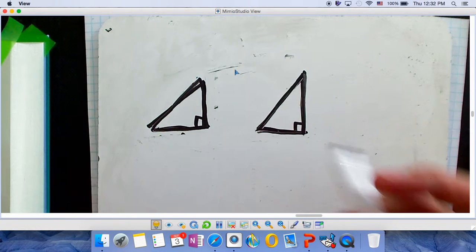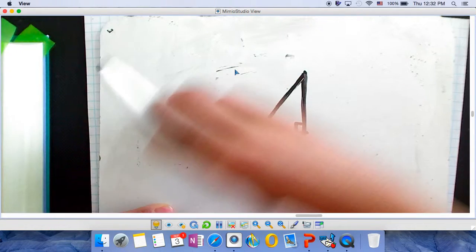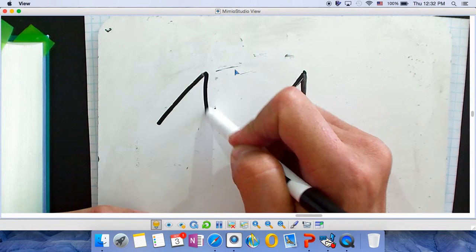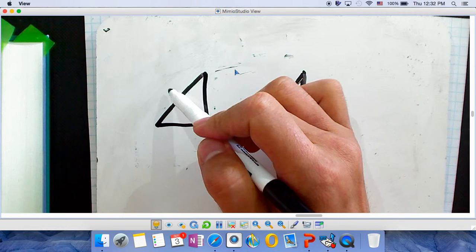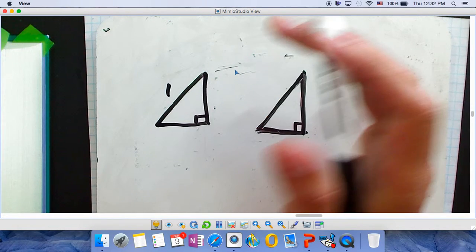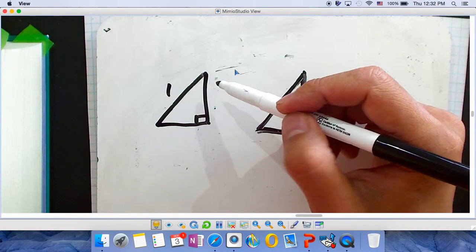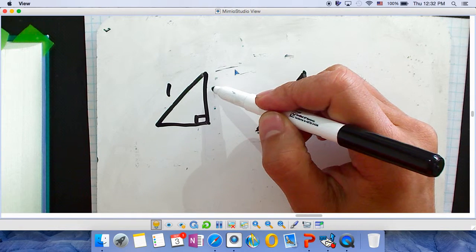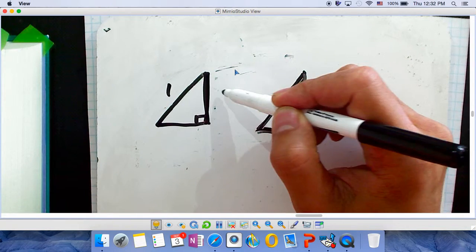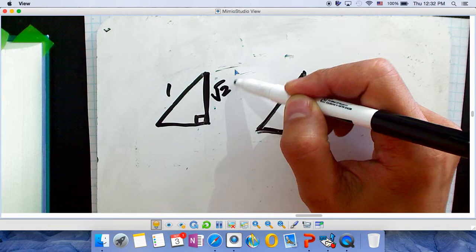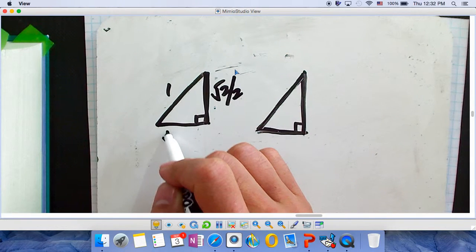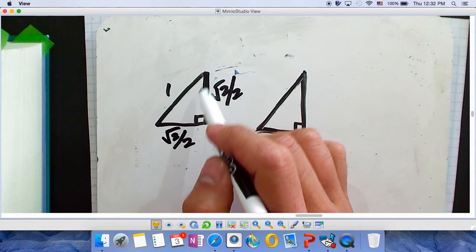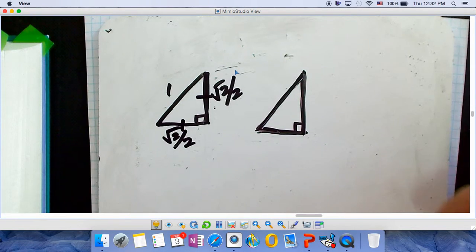So what is the rise and run? What's the length of the sides of this triangle? We know the radius is 1 because we are talking about the unit circle. By using the Pythagorean theorem, the rise of one leg is square root of 2 over 2, and the other one will also be square root of 2 over 2 because these sides are equal.